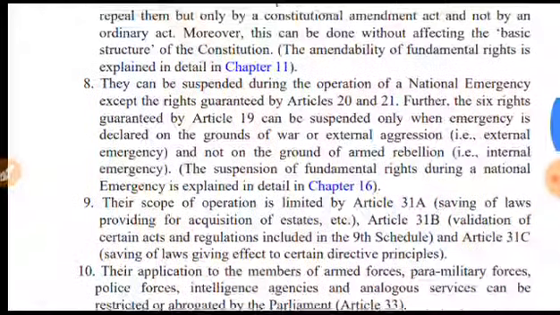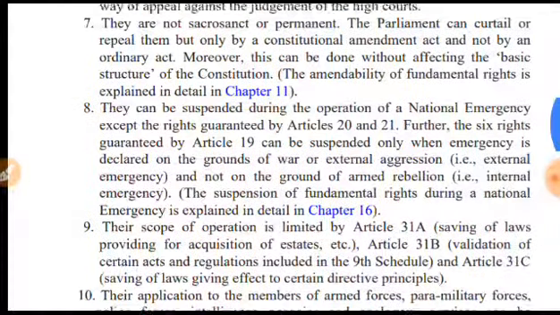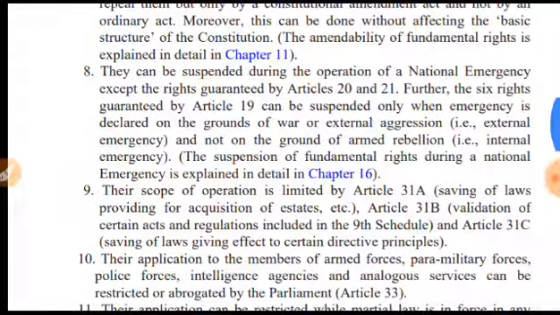And further, the 6 rights guaranteed by Article 19 can be suspended only when an emergency is declared on the grounds of war or external aggression, that is, external emergency, and not on the ground of armed rebellion.